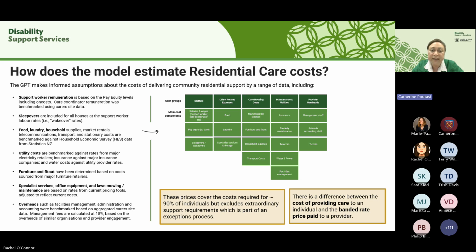We've also included the core housing costs, which are market rents by location, furniture and fit out, and household supplies. We've also included in the model the maintenance and utilities, and finally the provider overheads such as management of staff, admin and IT costs. So those are all the components that make up the global pricing tool.